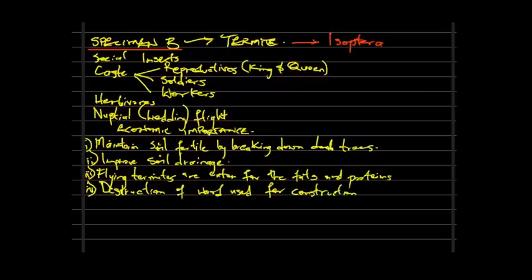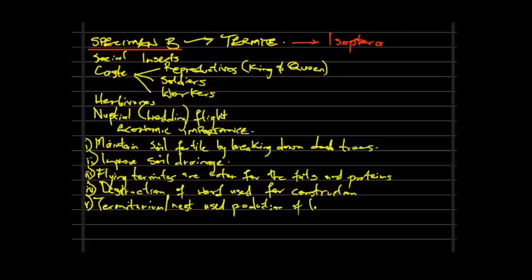Also, we have the termitarium, which is their dwelling place, their abode. That is their niche, the termitarium, or their nest, which is used for the production of lawn tennis courts because of the elastic nature that it has.